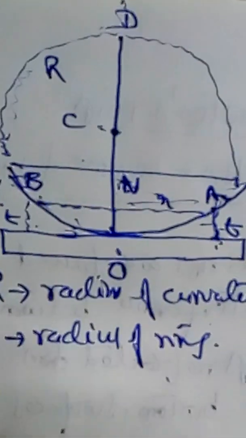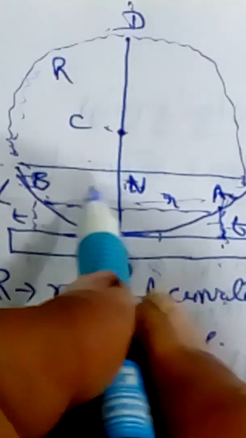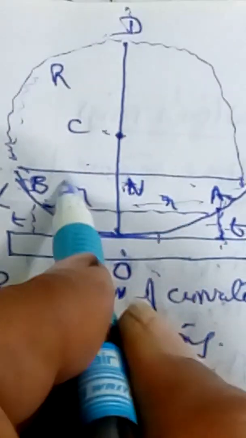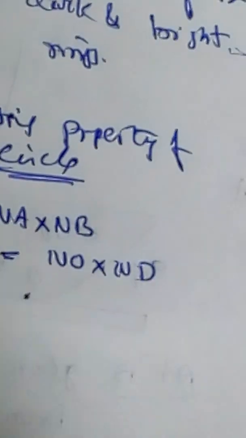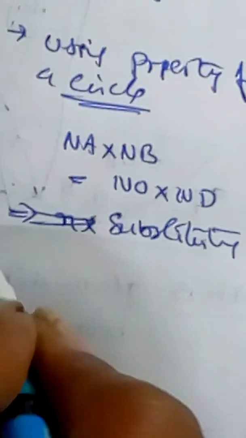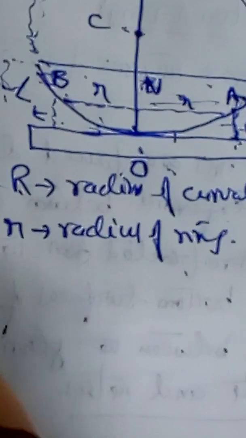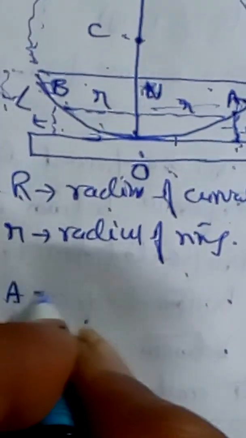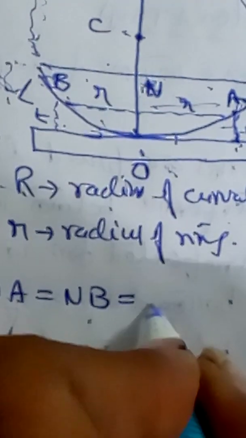So what are NA and NB? If you see the diagram, this is R, this is also R. Substituting the values, NA and NB are R only.